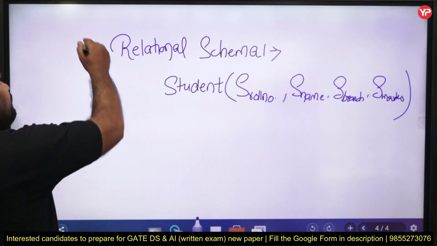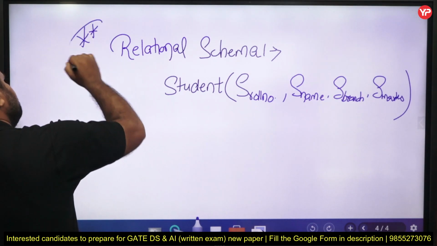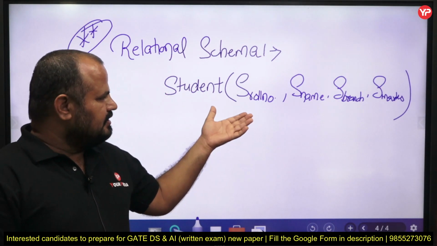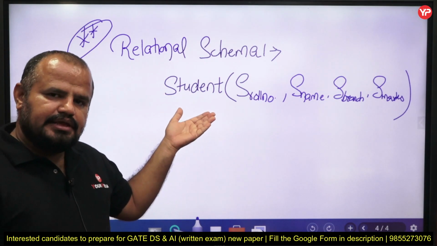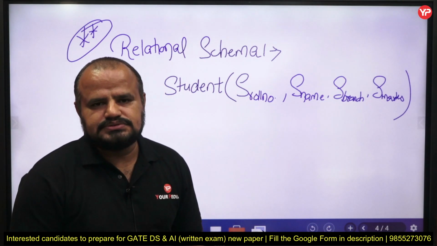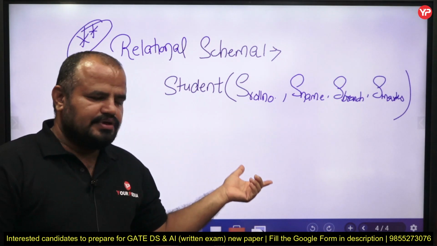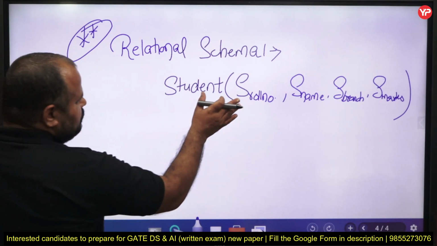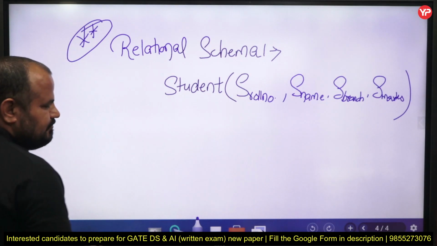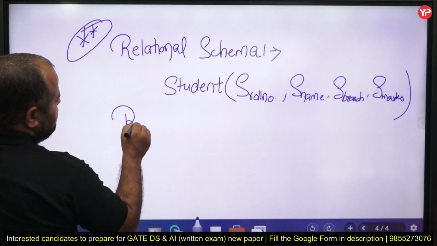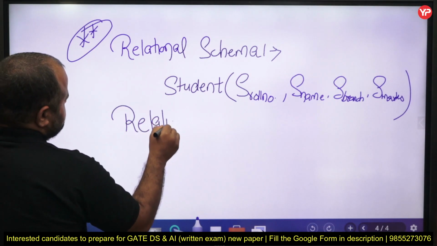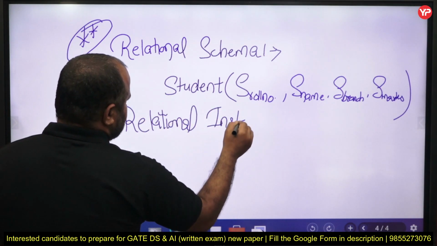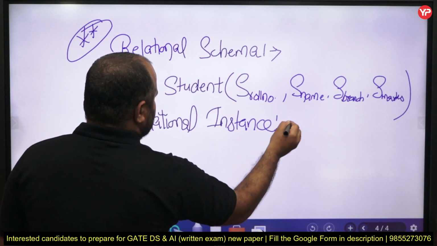This term is very frequently used in this series. Whenever I say this is a relational schema, it means I have a table with this many attributes, but right now I am not giving any record information. But if I give you a relational schema with some information, that is called a relational instance. What do you mean by that?